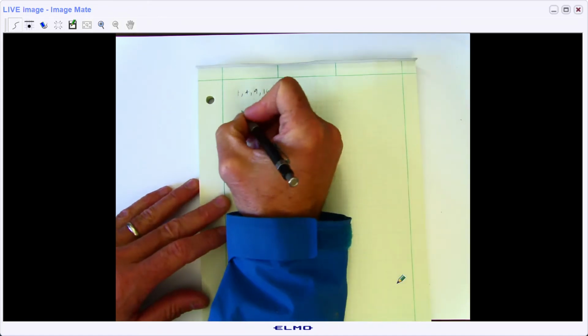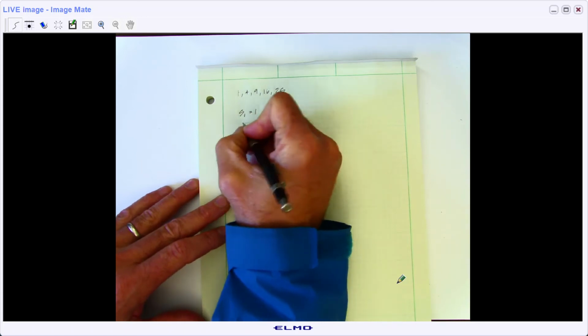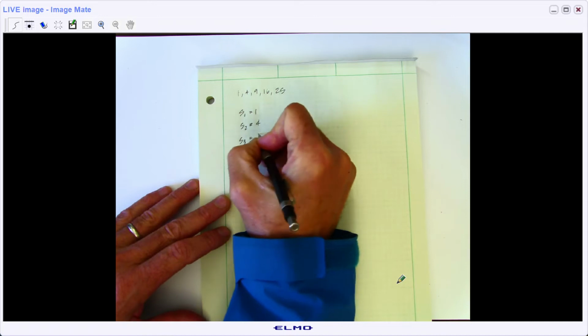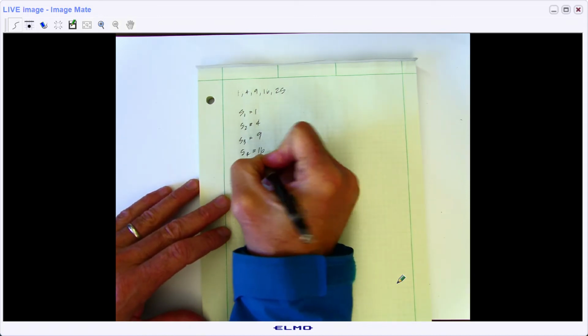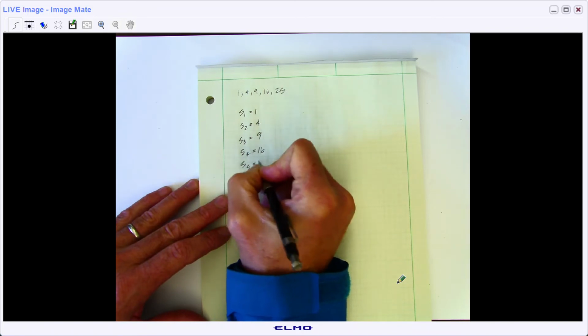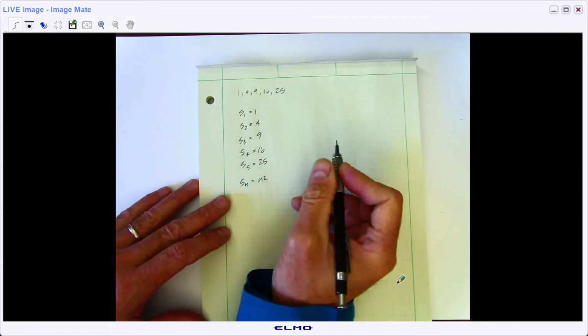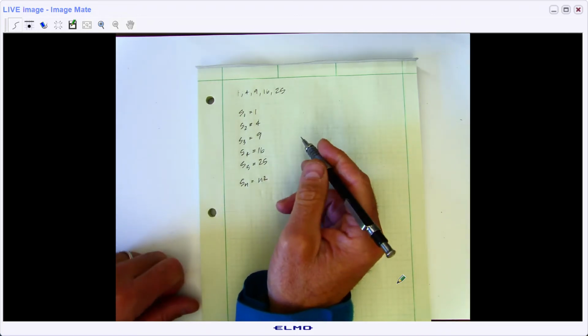So what do I know? I want s sub 1 to be equal to 1, s sub 2 to be equal to 4, s sub 3 equal to 9, s sub 4 equal to 16, s sub 5 equal to 25. In fact, we know that s sub n is equal to n squared, but we've been asked to provide the recursive formula, right?